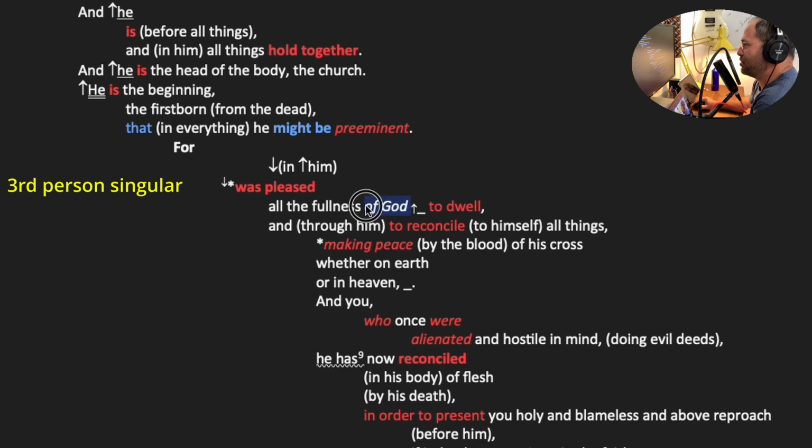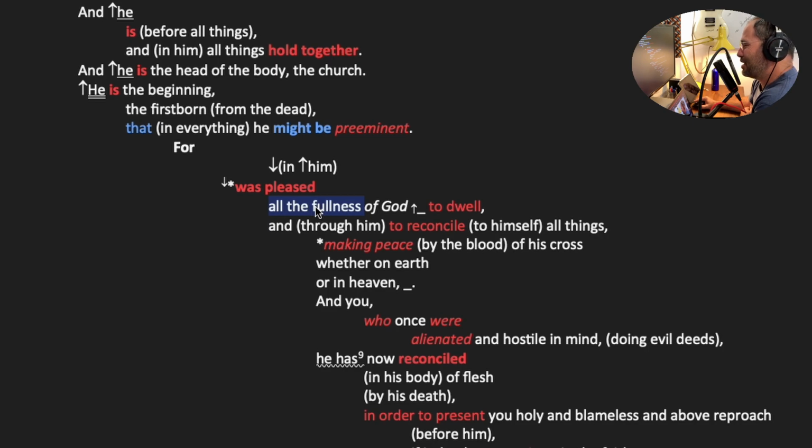Now you see this translation, the ESV here, has decided that the third person singular, the subject of this verb, is the fullness of God. So the fullness was pleased to dwell in him, is how the ESV is translating this. Like this is the subject of the sentence.